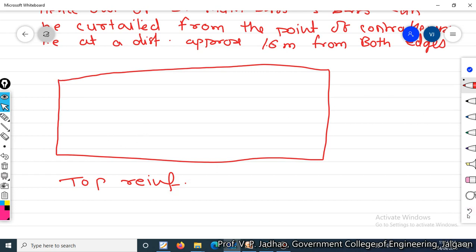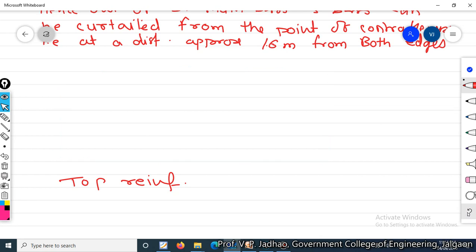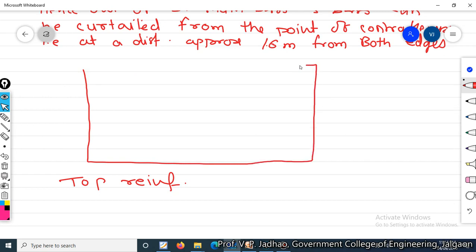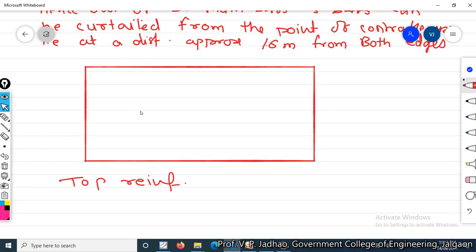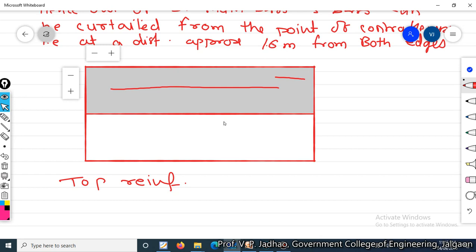Okay, if we consider the plan, the top reinforcement will be provided like this.